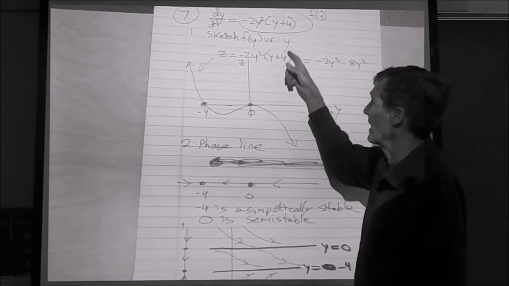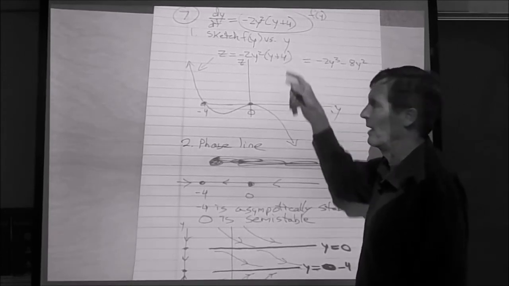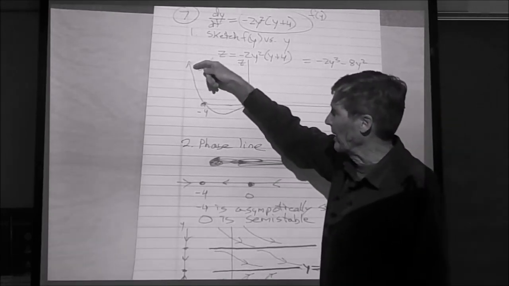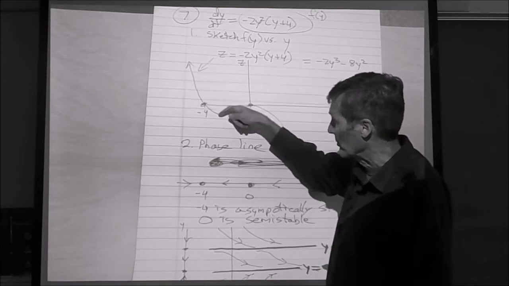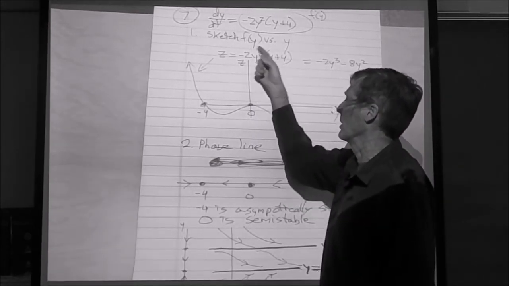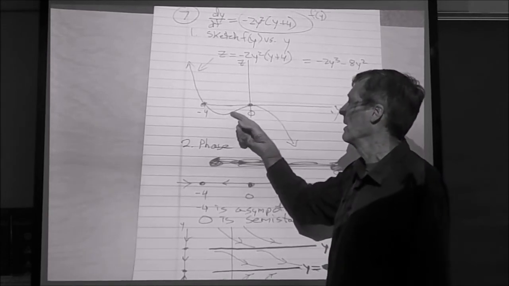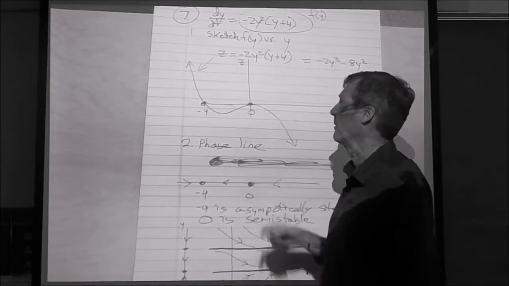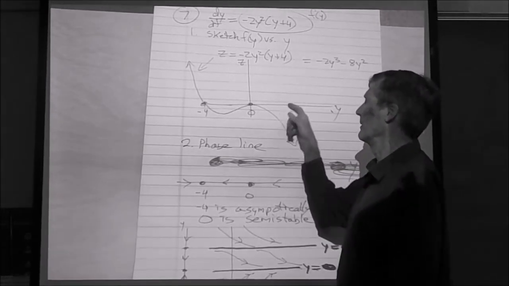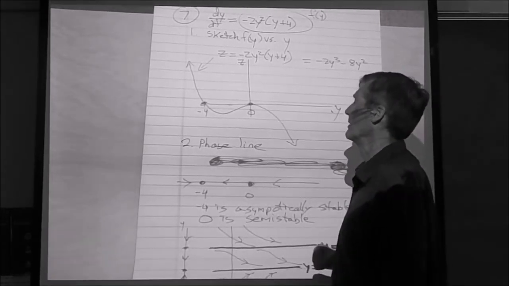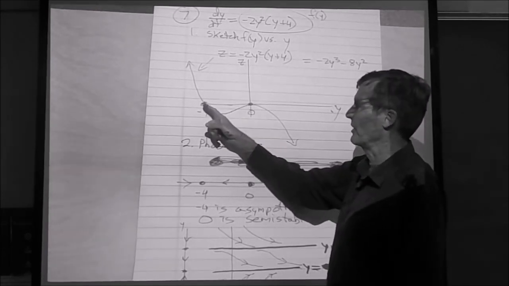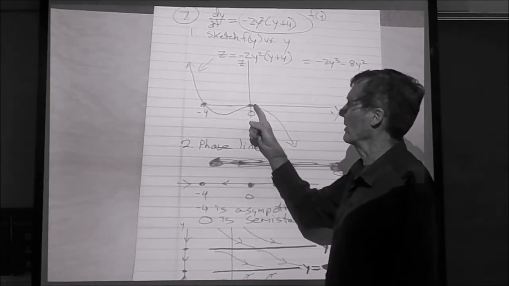In other words, this factor of y plus 4 occurs one time, right? In that case, if you remember sketching polynomials in algebra, the function crosses the axis here. But here we have a zero of even multiplicity, and with an even multiplicity, the polynomial bounces off the horizontal axis, and it becomes a horizontal tangent line. So we know that the polynomial, whatever its sketch is, only touches the axis here and here.